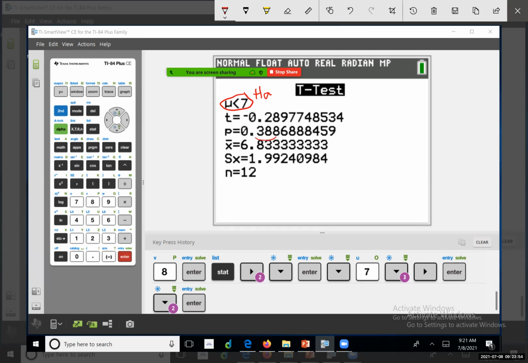The p-value is 0.389, to 3 decimal places.